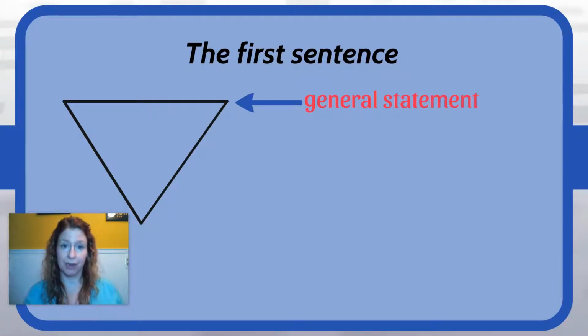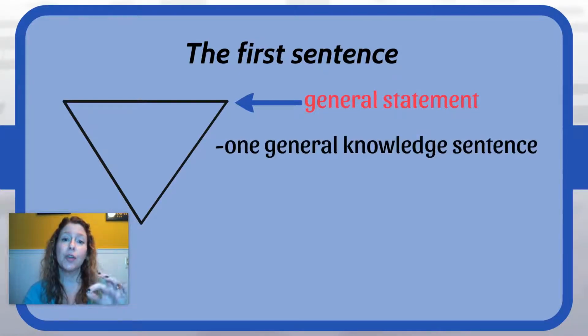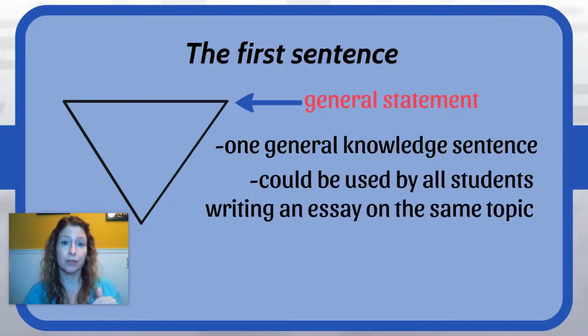So our first statement, it's our general statement. I want you to imagine your teacher has given you a topic. He or she probably did not tell you what you have to prove, just gave you a topic that you needed to research and focus and then prove a stance in your paper. So this could be a sentence that anyone else in your class could use.